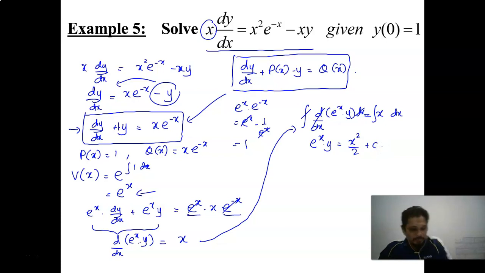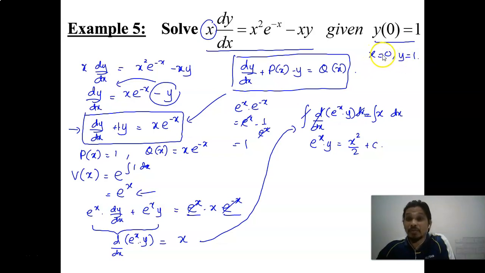Okay, now given here, where x equal to 0, y equal to 1.